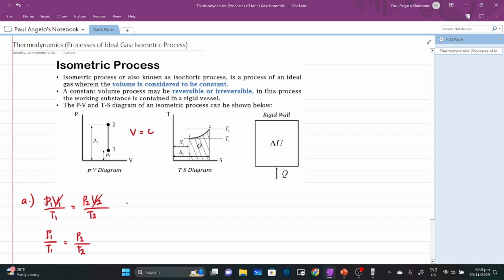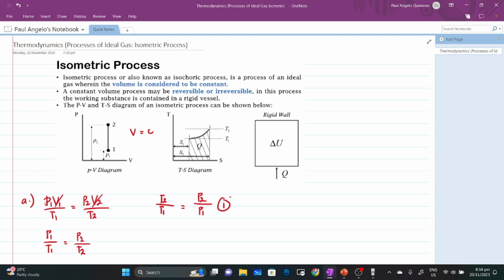By performing separation of variables, all the pressure and temperature are together on both sides of the equation. Let's say I want to place temperature on the left side: I will have T2 over T1, and on the right side I will have pressure, which is P2 over P1. So this is your equation number 1.